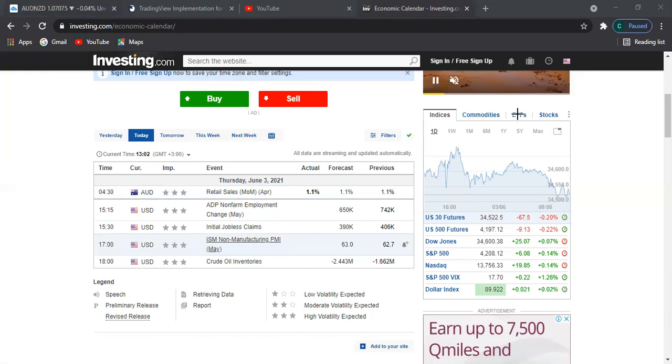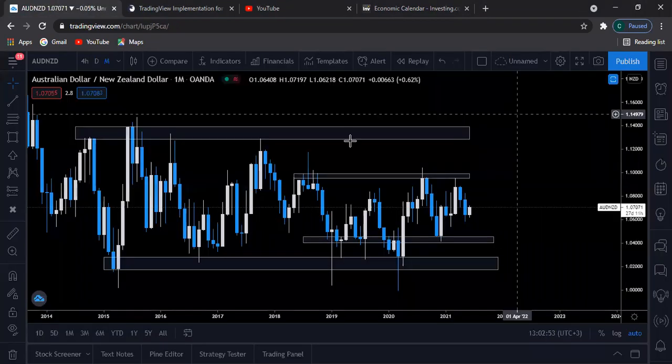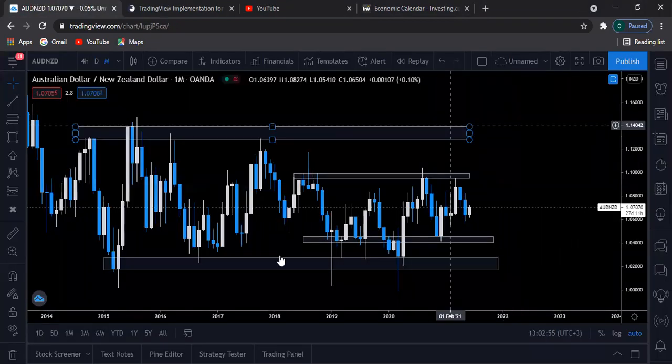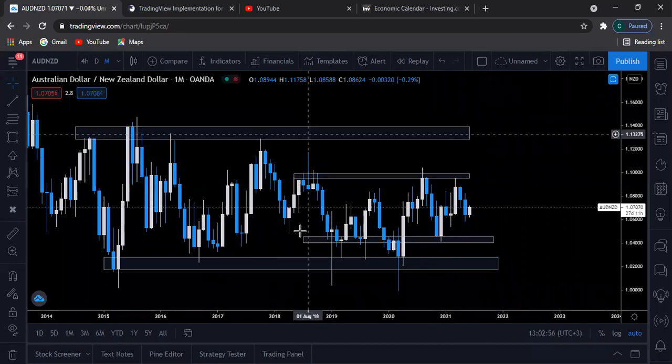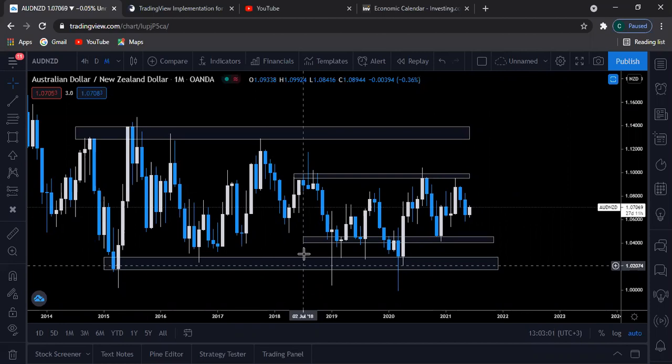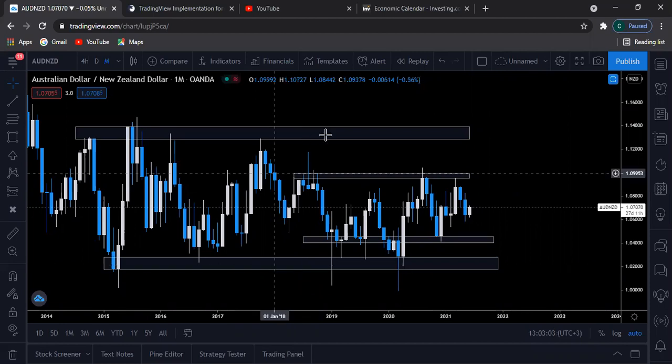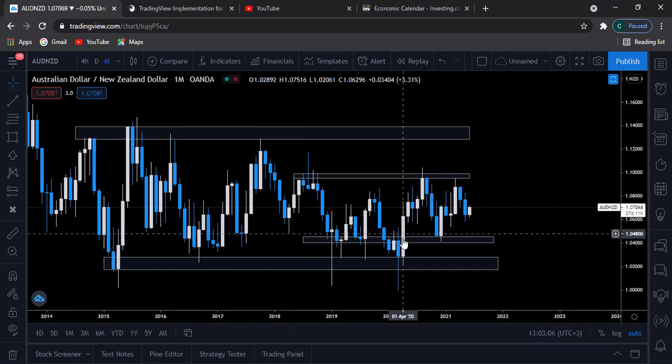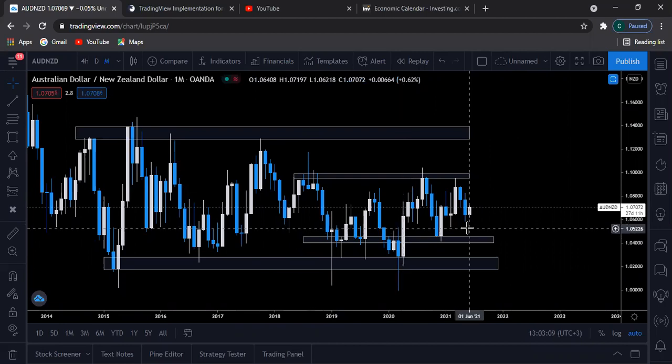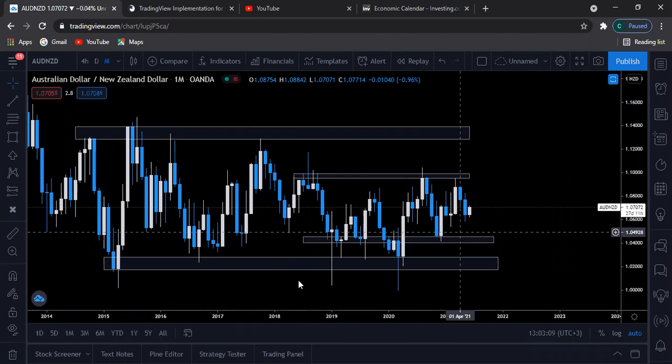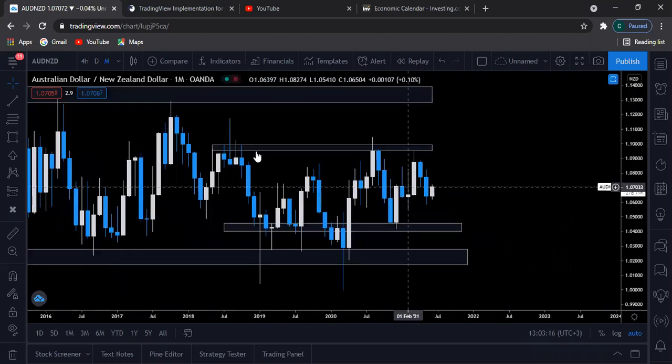Okay, so starting from the monthly time frame, we can see that prices are ranging between these two zones, this major support zone and this major resistance area, and in between this minor resistance and support area. Looking at this time frame, prices are ranging, but they're creating lower highs.